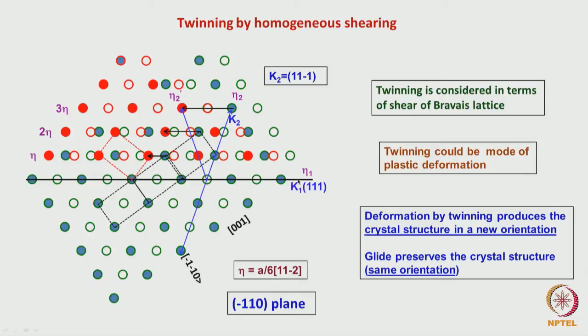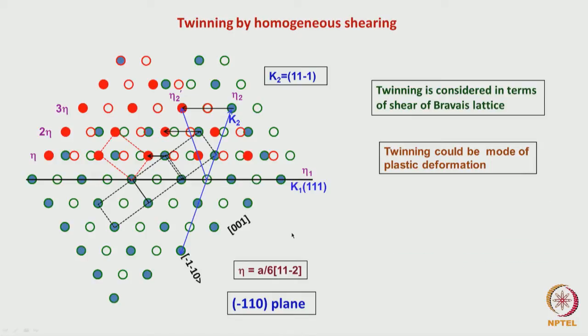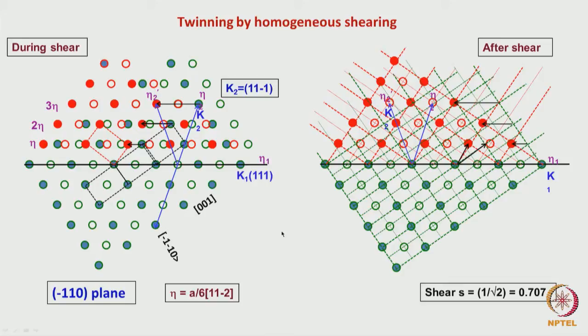For example, around this direction eta 1, if I give a 180-degree rotation, what will happen? From the bottom one, the top one will be formed. So these are related by both reflection and rotation, and the terminology used is a compound twin.